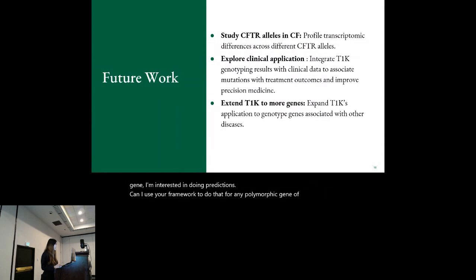This is a great question. For the CFTR gene specifically, what we can pull from the CFTR2 database online is the variant name, which includes the precise cDNA positions and also the mutation types. That's how we splice that notation out, to identify what type of mutation it is and what position that mutation is.